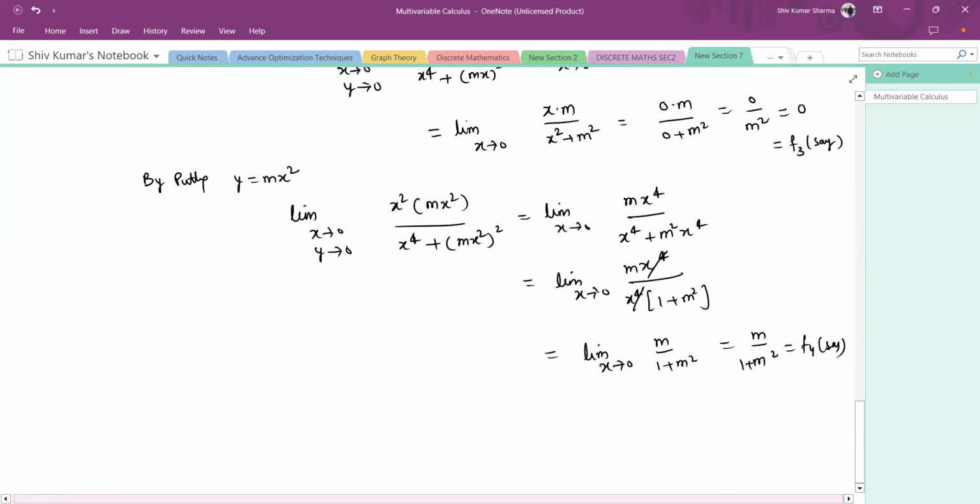So here we conclude, hence, that the function f1 is equal to f2 is equal to f3, but not equal to f4, because f4 contains m.